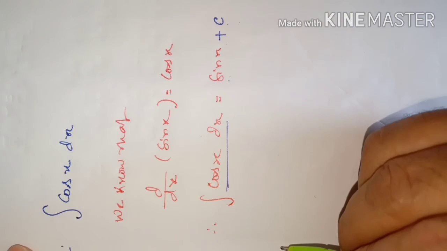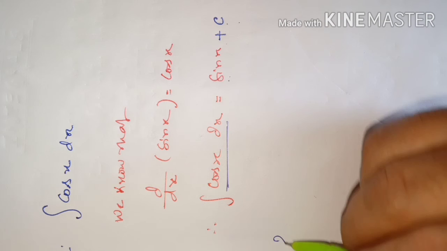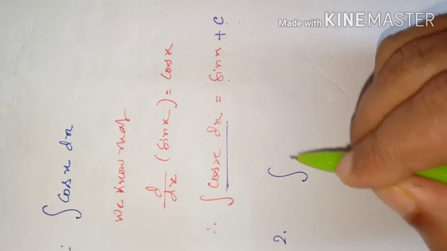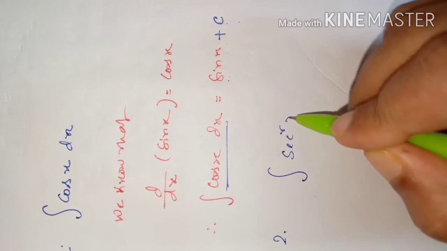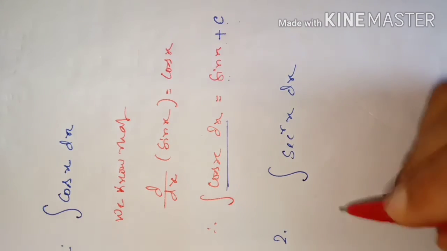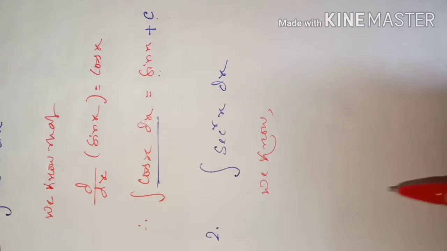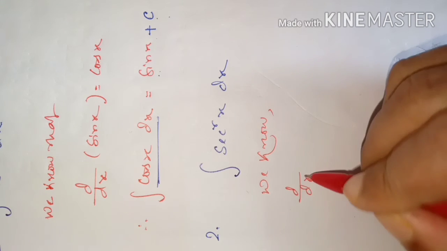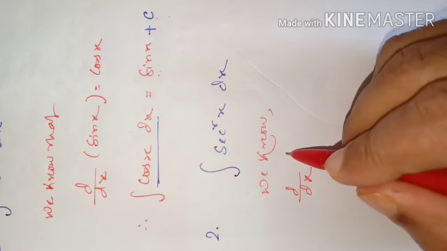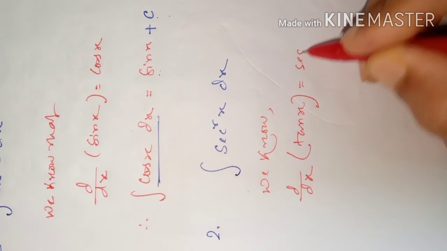Another example, suppose you are asked what is the antiderivative of sec square x dx. You know that, or you'll say we know the derivative of tan x is equal to sec square x.